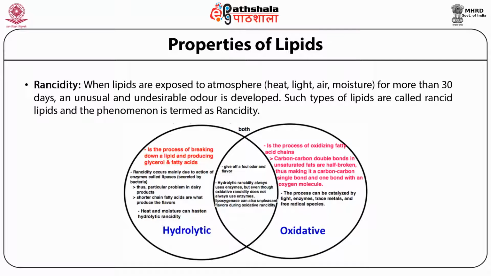The presence of oxygen itself results in the formation of undesirable odor as well as flavor, which is a part of oxidative rancidity. The process can be catalyzed by light, enzymes, trace metals, as well as free radical species.